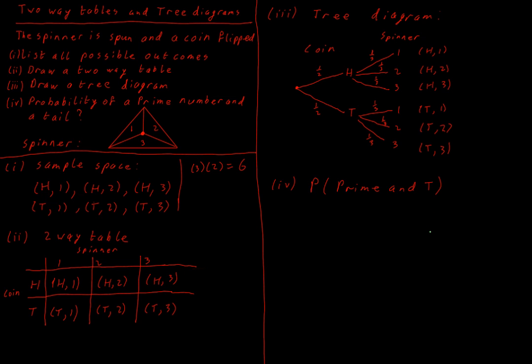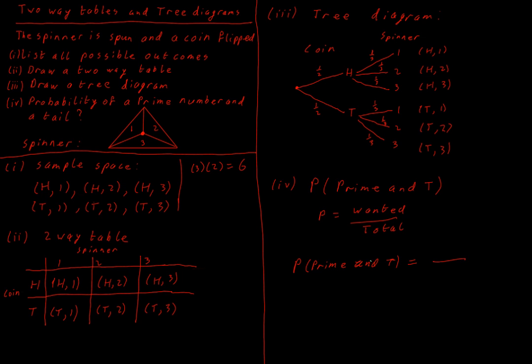So what's the probability of prime and tail? Well, the way that I work this out is to see how many possible outcomes I have in total. I know that probability is equal to wanted over total. So how many things do I have in total? My probability of prime and tail.